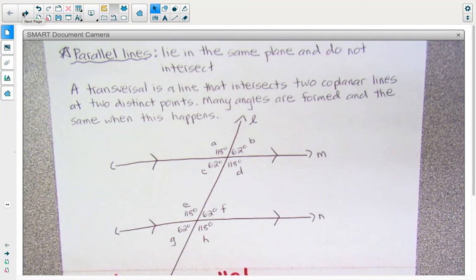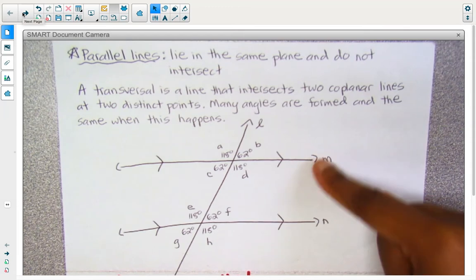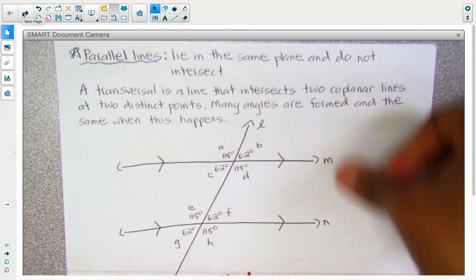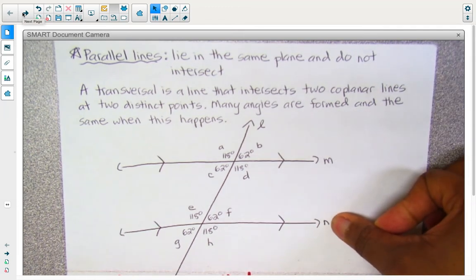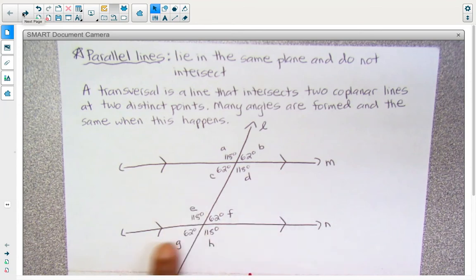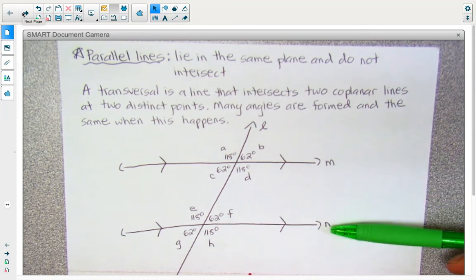Many angles are formed when this happens. So right here, I have two parallel lines. M and N are parallel to each other. These arrows mean parallel. They're going in the same direction and they will not intersect. So line M and line N are parallel to one another.